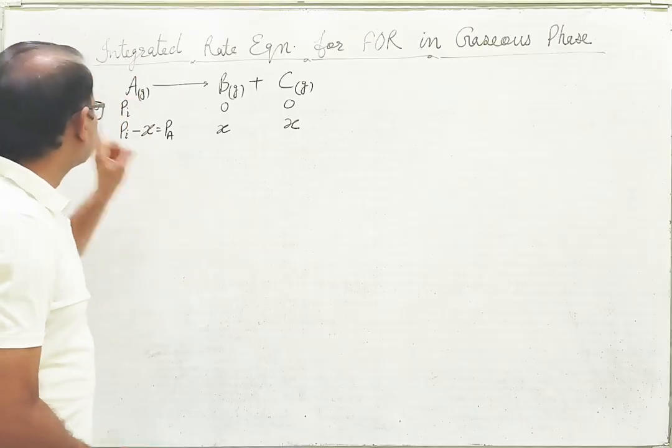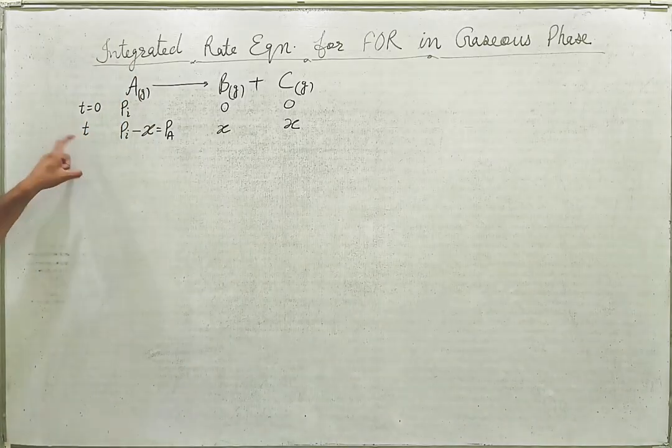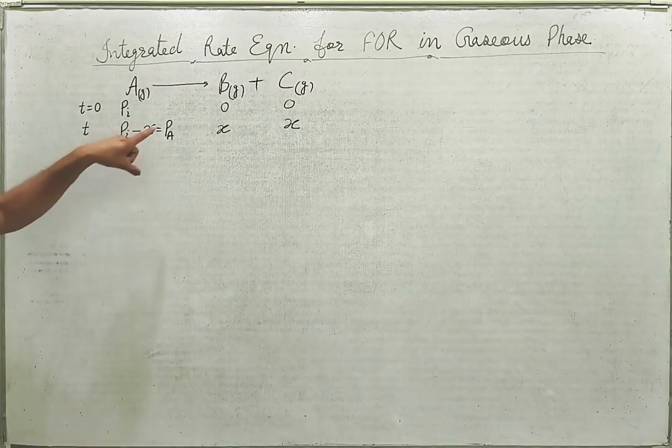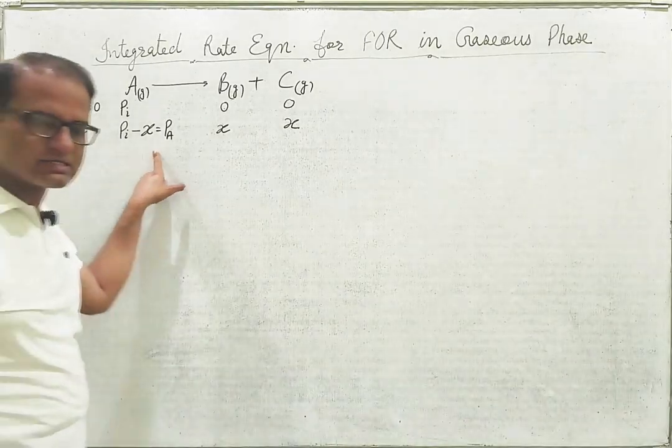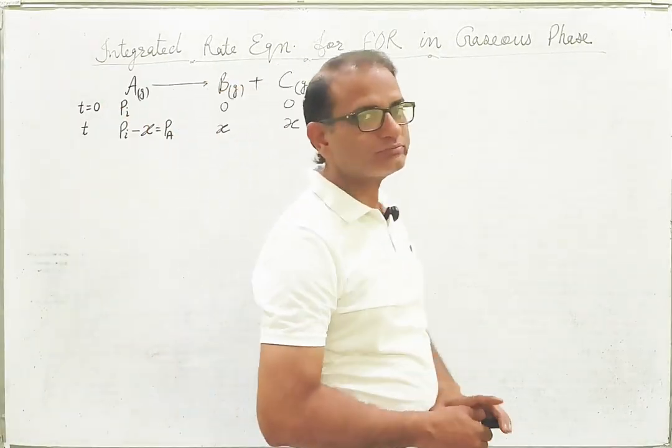That is why the pressure of gas A at time t, Pa, will be equal to Pi minus X. Is it okay?